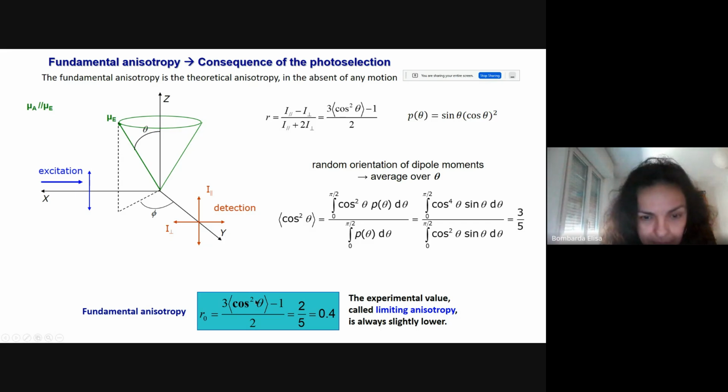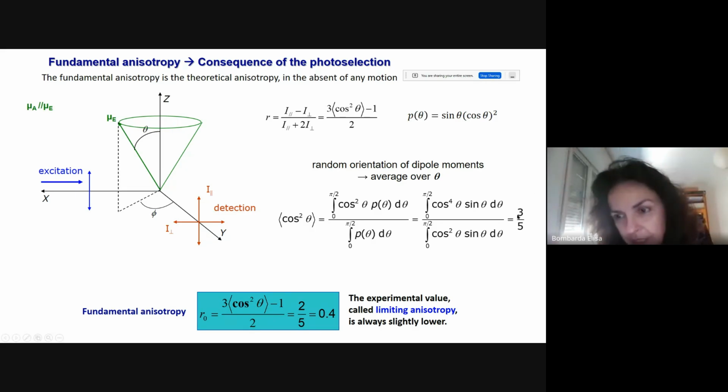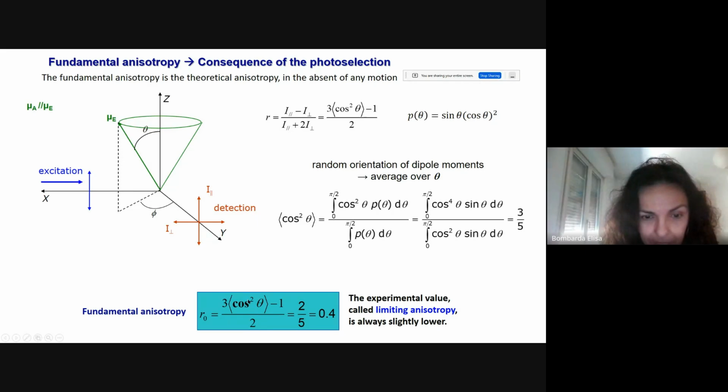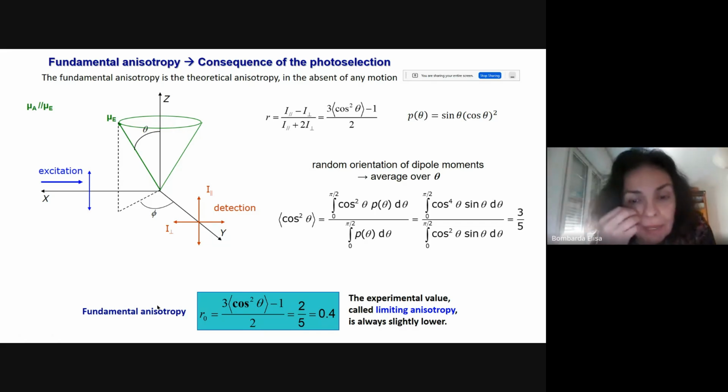If we substitute this 3/5, we get 0.4. So that is what is called the fundamental anisotropy.